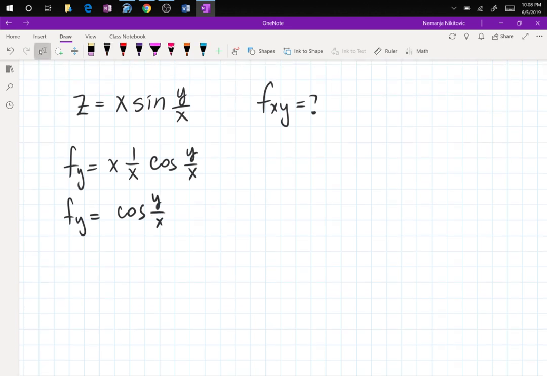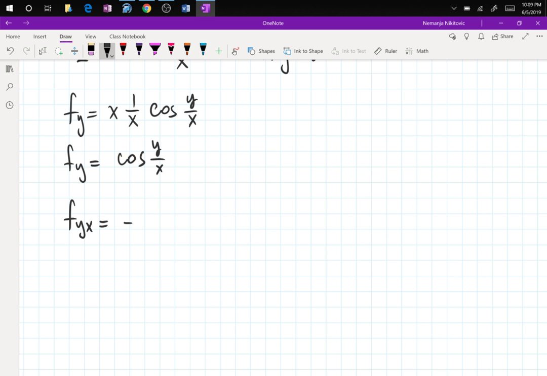And now you find fyx. So the derivative of a cosine is negative sine y over x, and now you have to take the derivative of the inside.